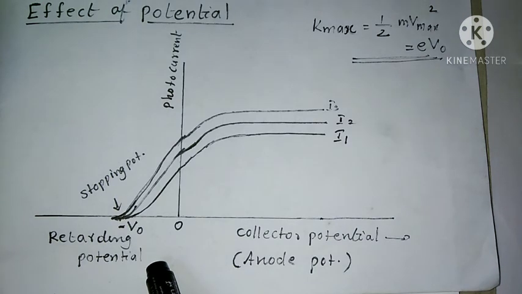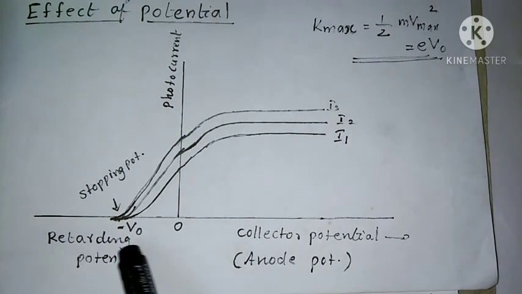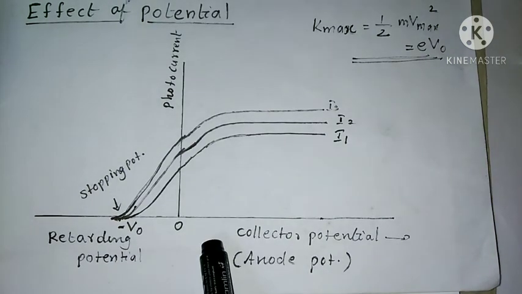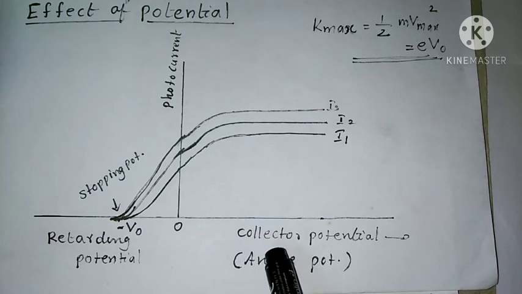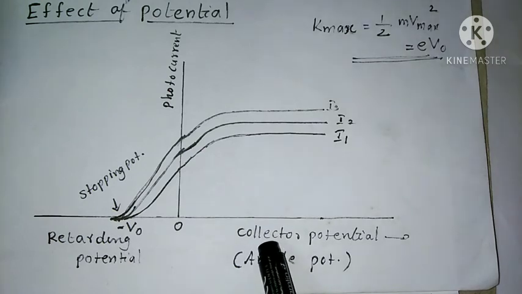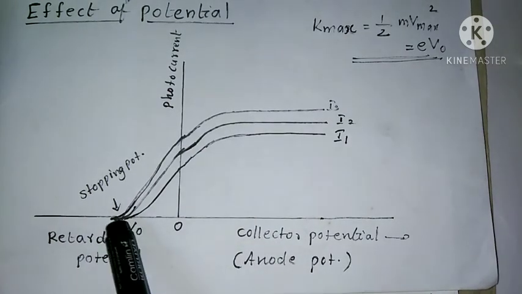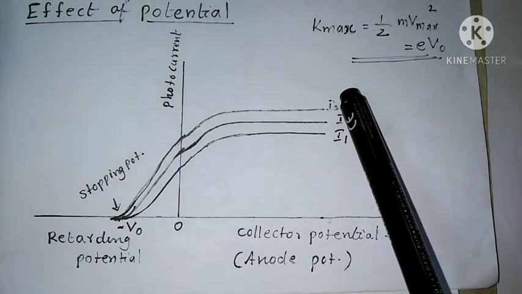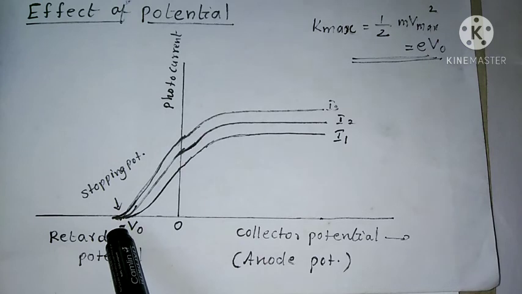Simply, the maximum kinetic energy is independent of intensity of radiation. It depends on the frequency. So when you change the intensity, the stopping potential remains the same for a fixed frequency.